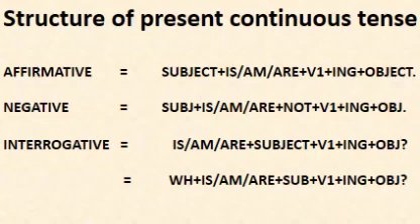Next is by putting WH family at the first. WH word, is/am/are helping verb, subject and verb's first form, then we will add ing to the verb's first form, and then object.